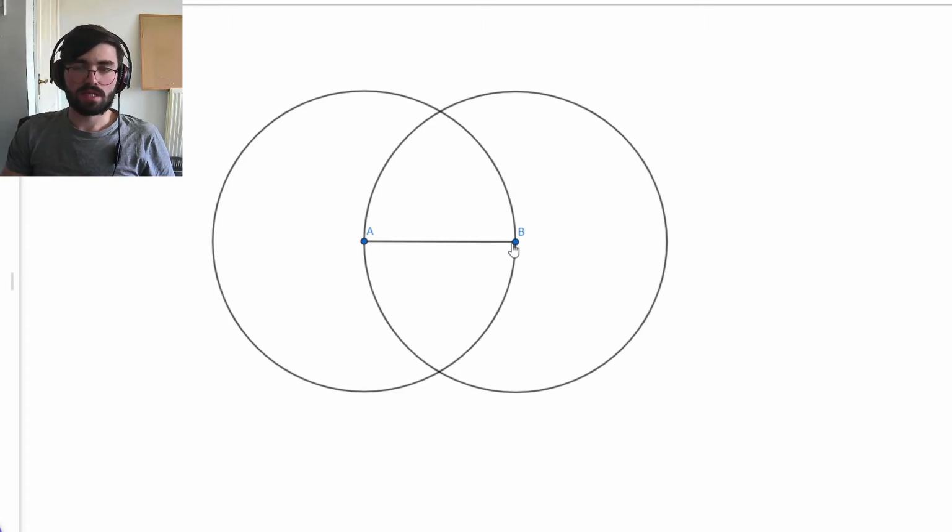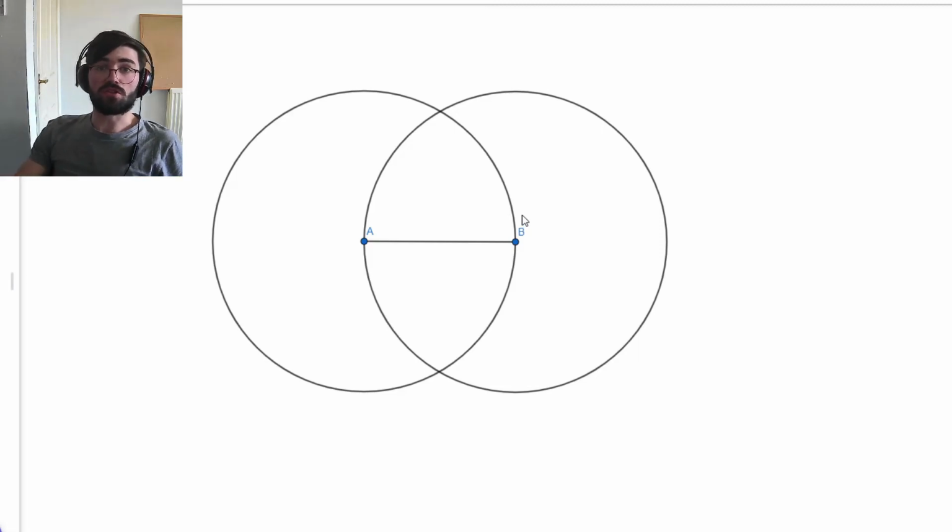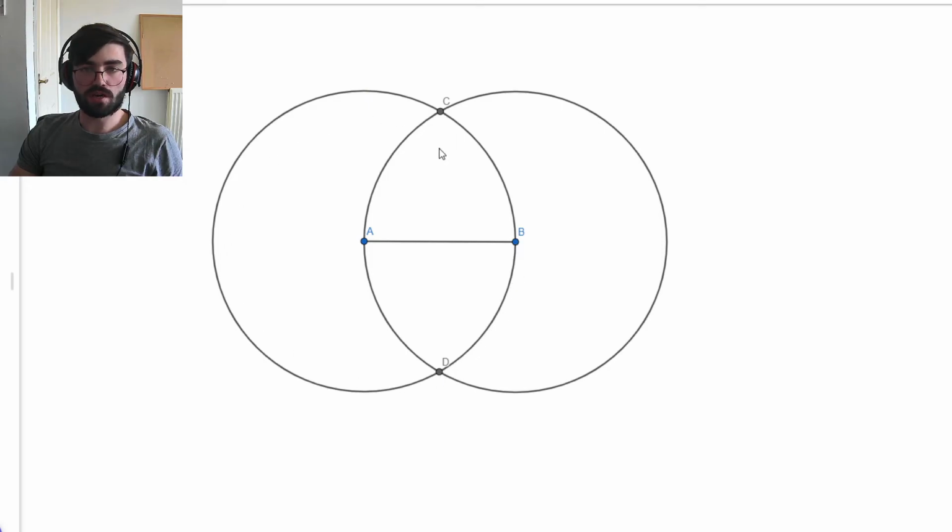Well, it means that we can apply the circle-circle continuity principle that we've just seen, and we know that these points are the intersection points. These points are on the circumference of the circle.